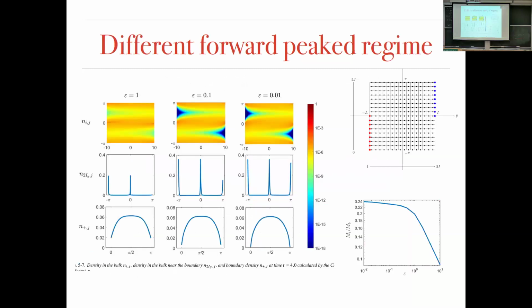Then if we look at the numerical simulations, this is for those cells that attach to the boundary. Those are the cells that are very close to the boundary, but already inside the boundary. So you can see there is always a peak here. For different epsilon, the peak becomes more and more obvious, and there will be a distribution for the cells inside.